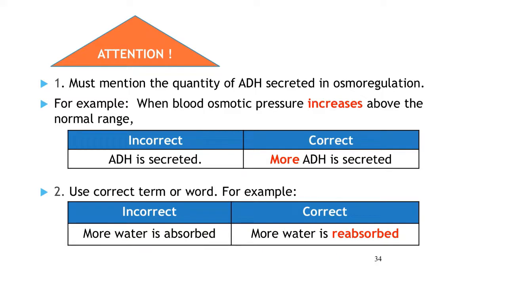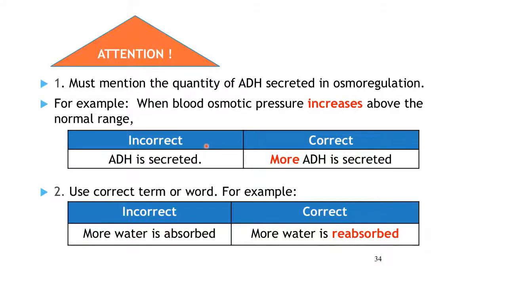Attention to students. Number 1. Must mention the quantity of ADH secreted in osmoregulation. For example, when blood osmotic pressure increases above the normal range, ADH is secreted.